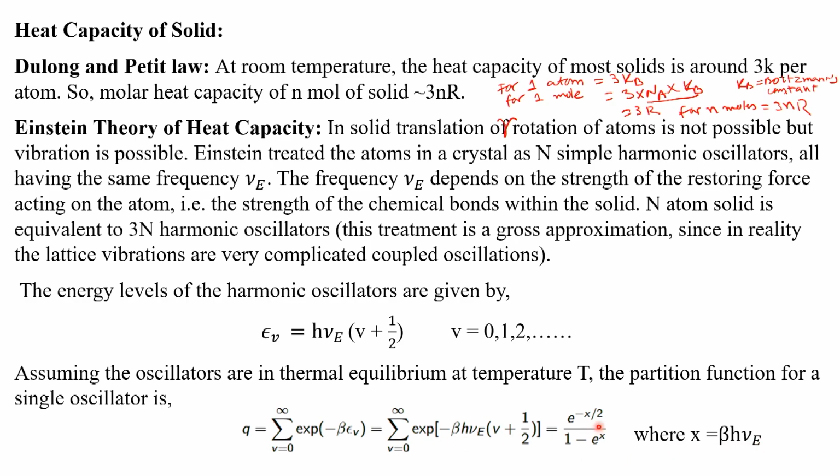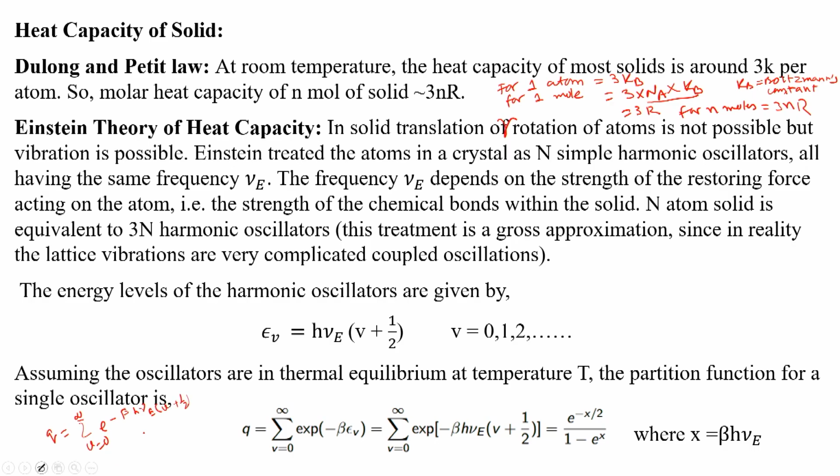So this is very easy to understand, okay. So how will we get it? Okay, let's see. If we consider x is beta h nu e, now if we expand this, Q is the sum over V from 0 to infinity of e to the minus beta h nu e times V plus half.